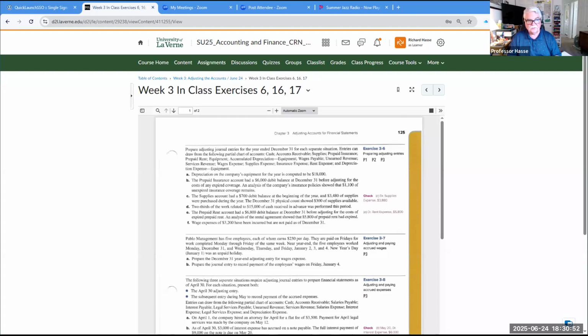Well, here's my journal entry page. I'm going to debit depreciation expense, $18,000, and I'm going to credit accumulated depreciation, $18,000. This is what you call a deferral expense. Why? We purchased something a month ago or last year.